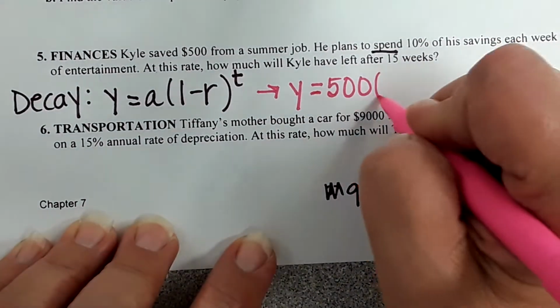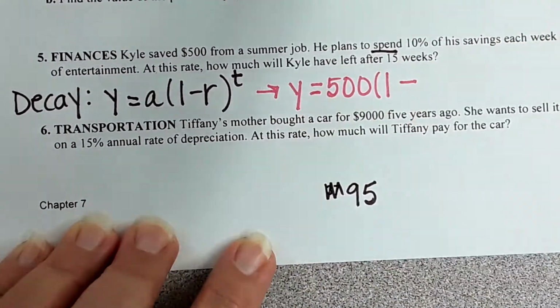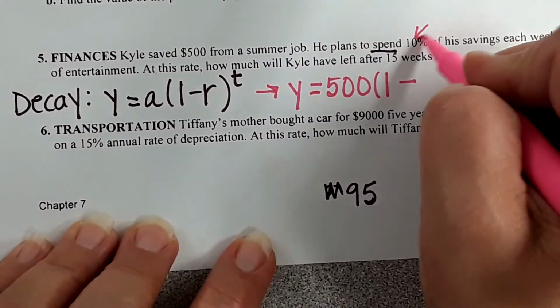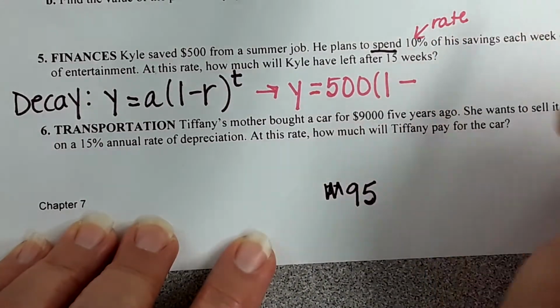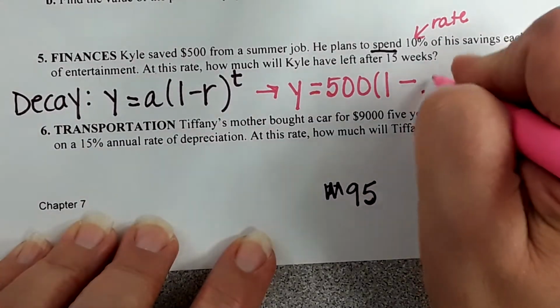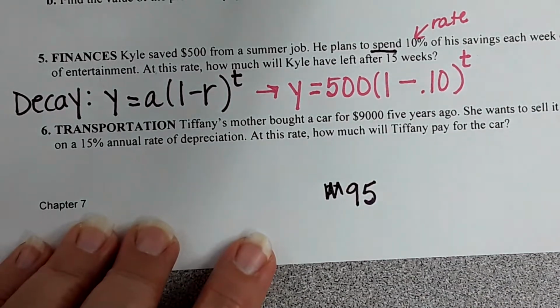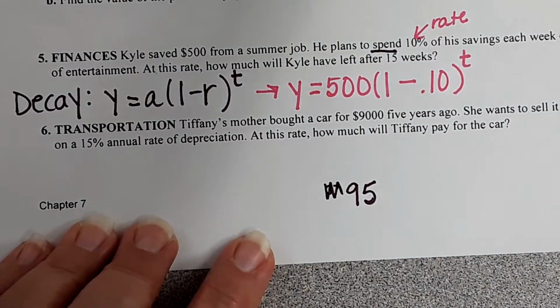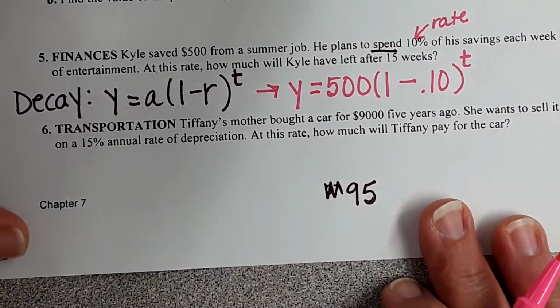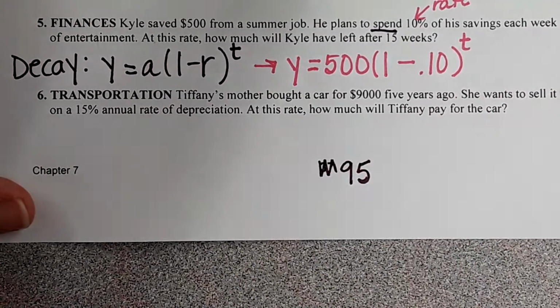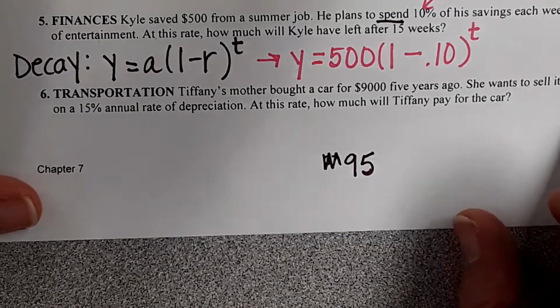Okay, it's decay, so it's 1 minus. How much is he spending? 10%. So this is our rate, and we're going to write it as a decimal. And then t is our exponent. So this is what I'm going to have you do tonight. This is all you're going to do, okay?